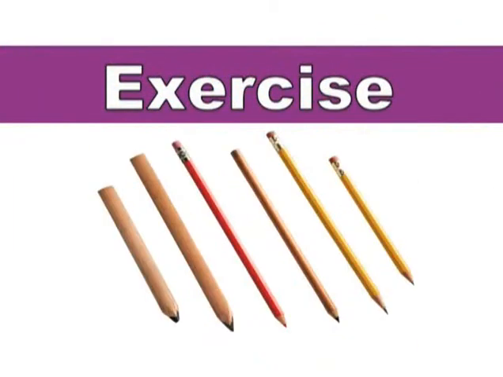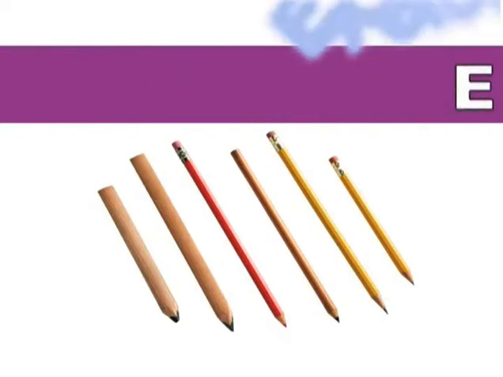Now we've discussed a lot of examples. Let's do a little exercise now. In this exercise, you are required to fill in the blanks using the future continuous form of the verb.